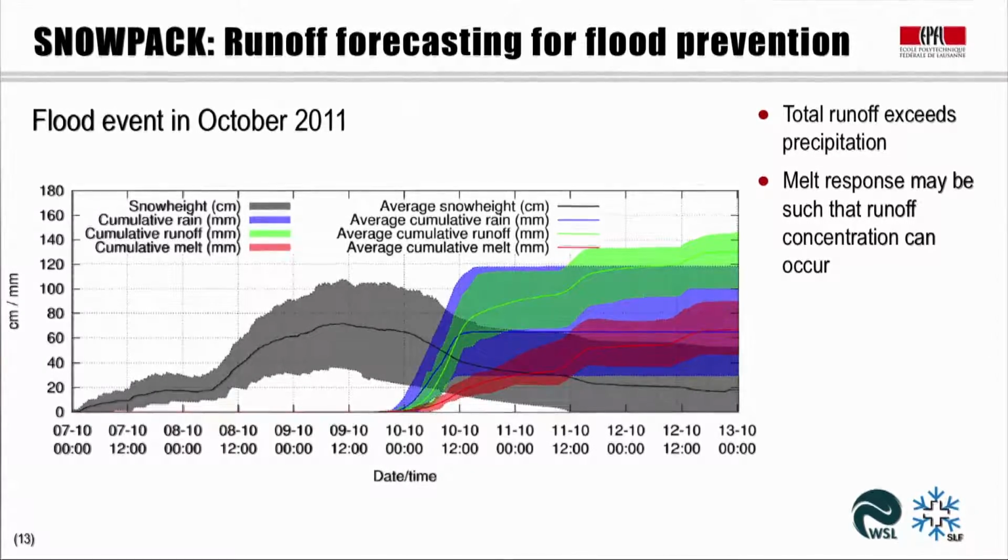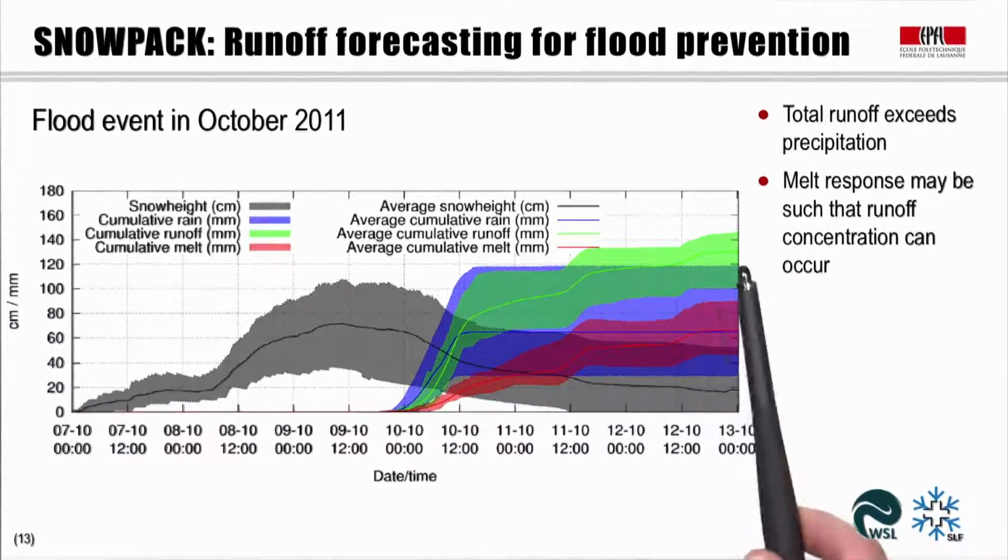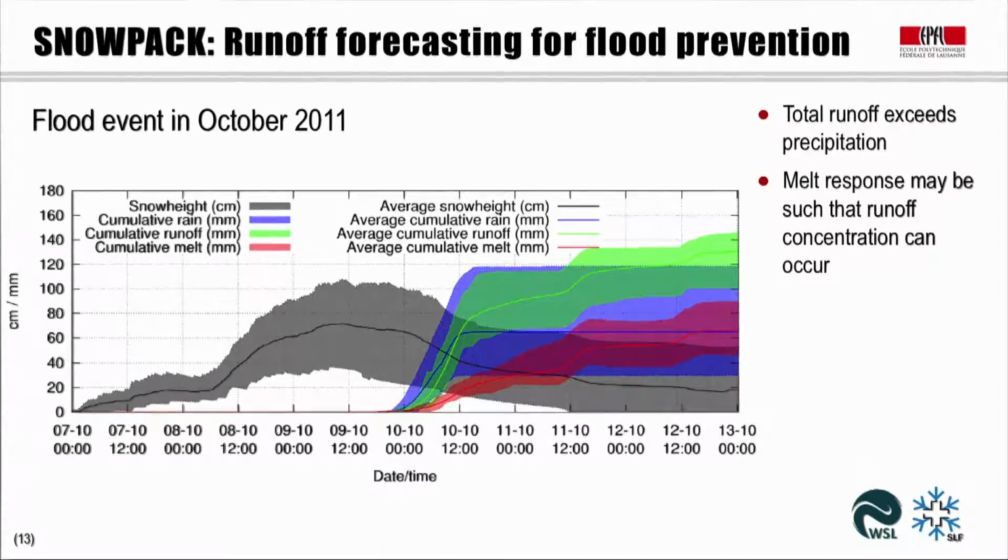And this has happened in this event, as is seen that this green band is actually exceeding the amount of rain that fell within that period. Cumulative melt part is shown in red here. So altogether, the full time dynamics of the combined rain input and snow melt determines how severe a flooding event may become in the case of this particular situation where you have rain on a pre-existing snow cover.